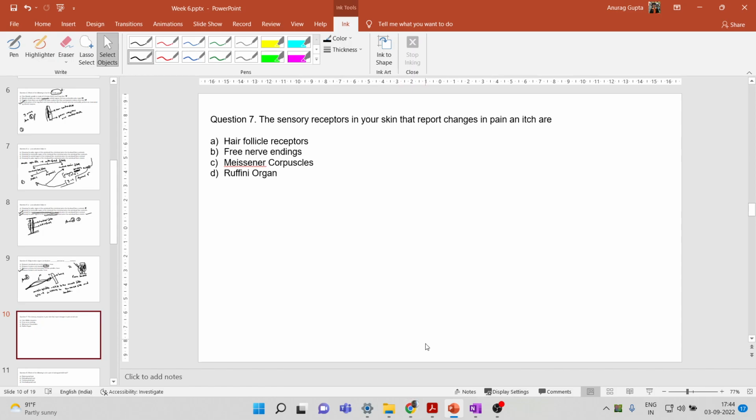Moving on to the next question. The sensory receptors in your skin that report changes in pain and itch are. I think this is a repeated question, but we'll go through it anyway. Again, I'll give you 30 seconds to answer this.